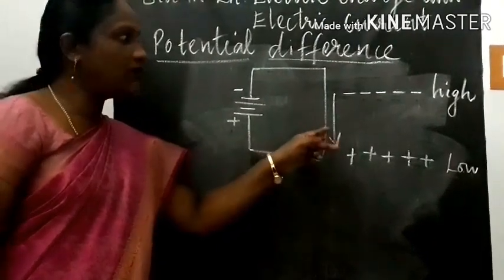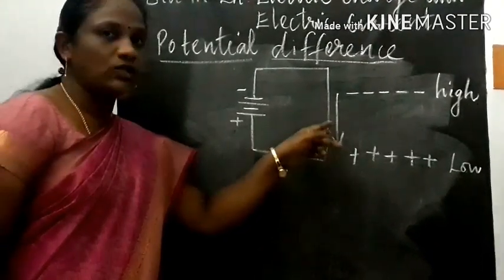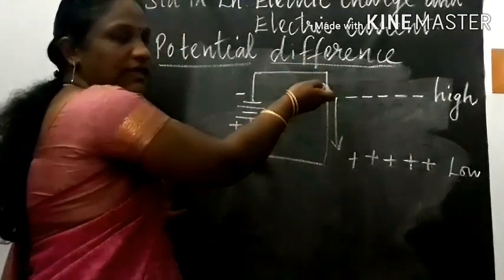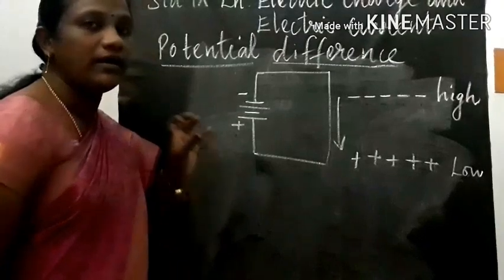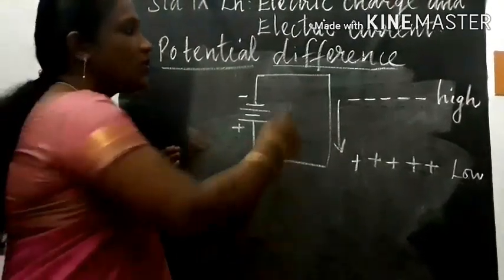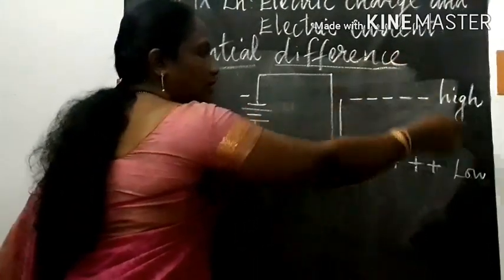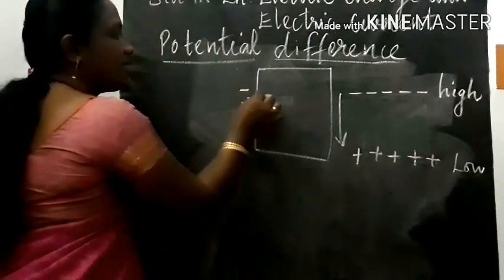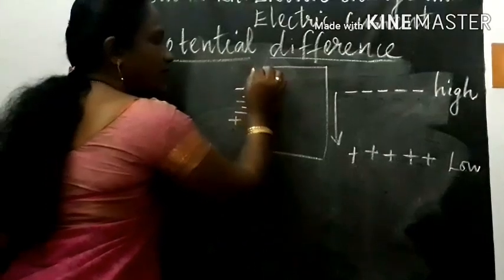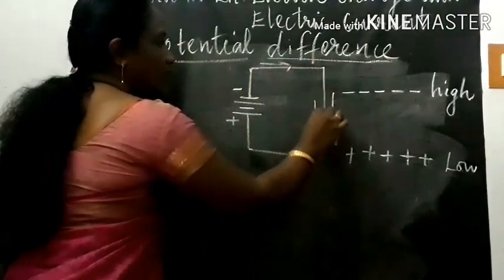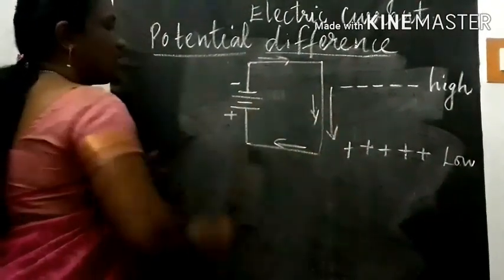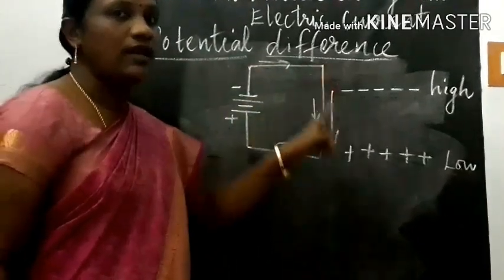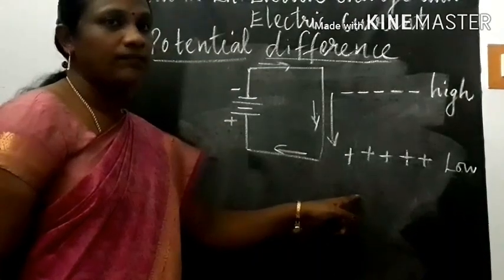So this potential difference will make the electrons flow against the difference. That is the pressure created inside the battery due to the chemical reaction. So it flows through the circuit, then again it reaches the positive charge. So the electron flows like this and reaches the positive charge, thereby maintaining the balance between the high potential and the low potential.